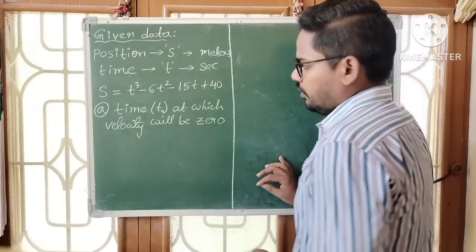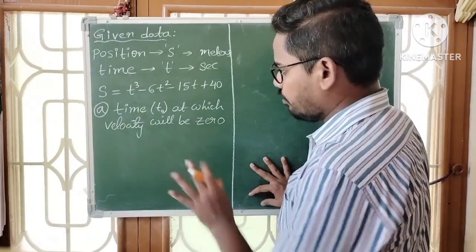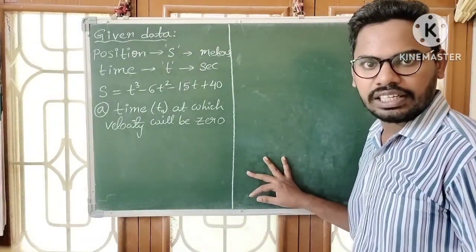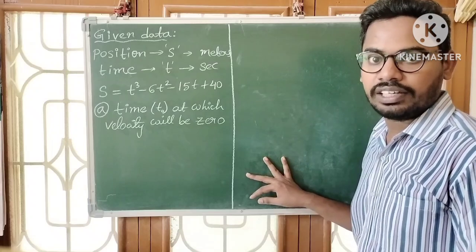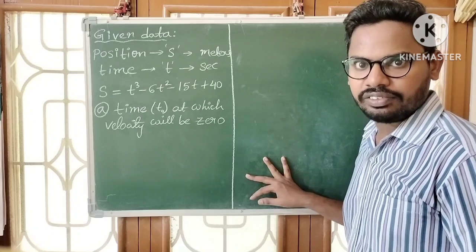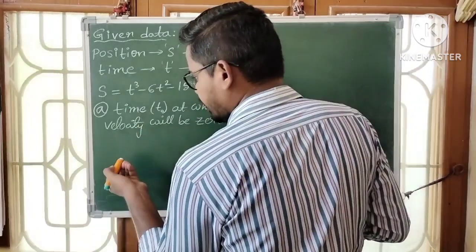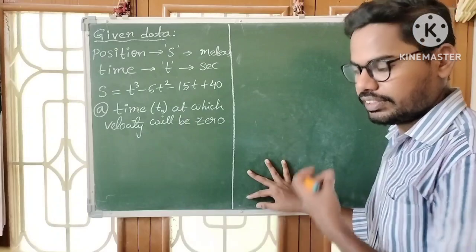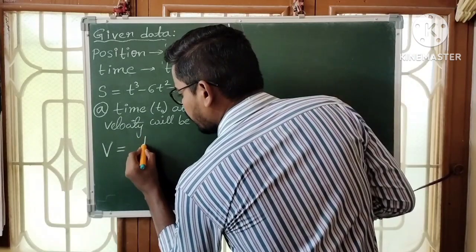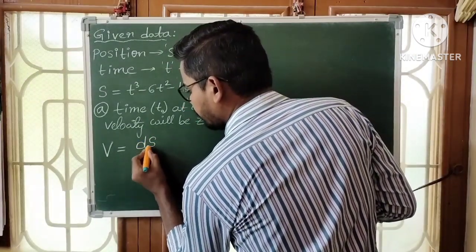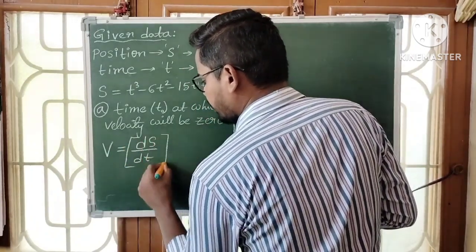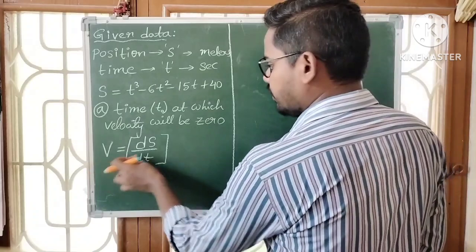To find the time, first of all we need the equation of velocity in terms of time. How do we find the velocity equation? We know that instantaneous velocity v is equal to the rate of change of displacement with respect to time, so v is equal to ds by dt.